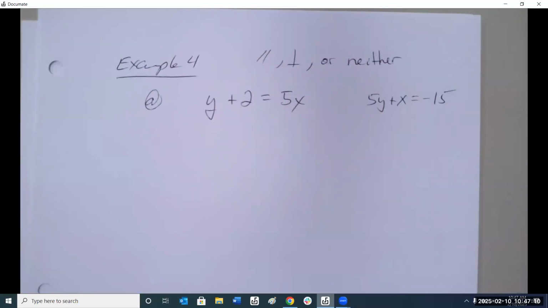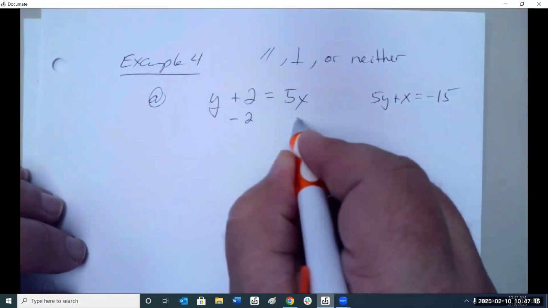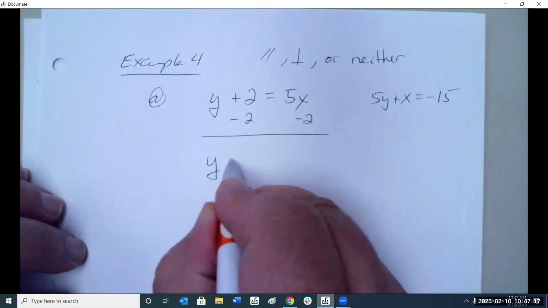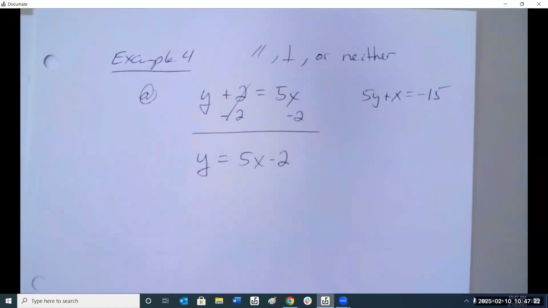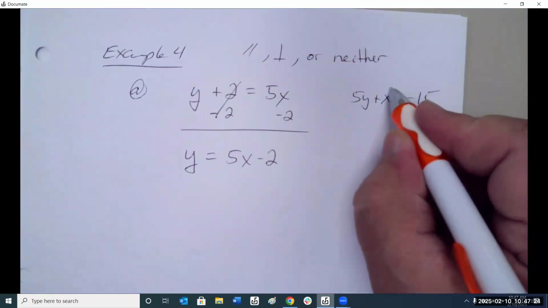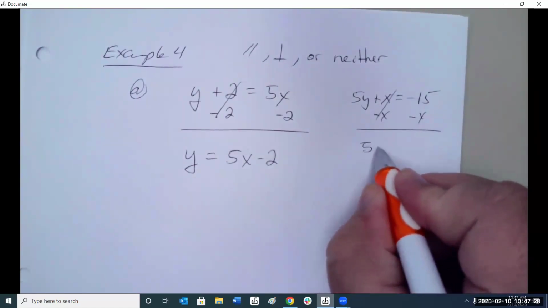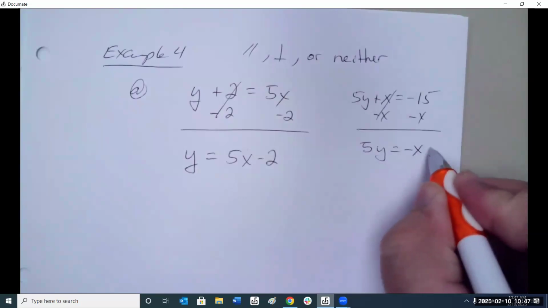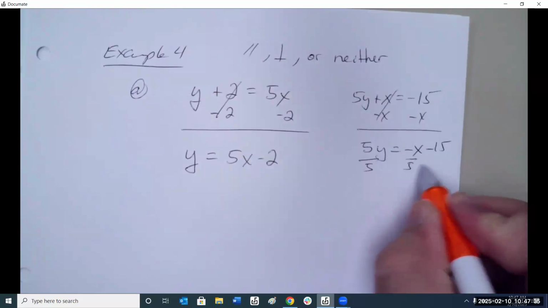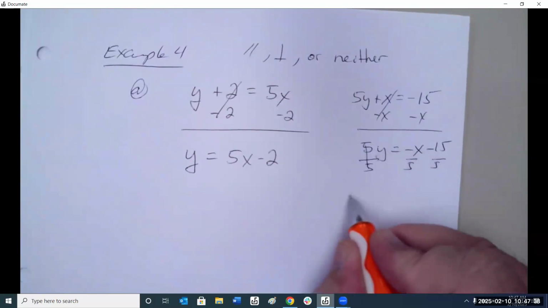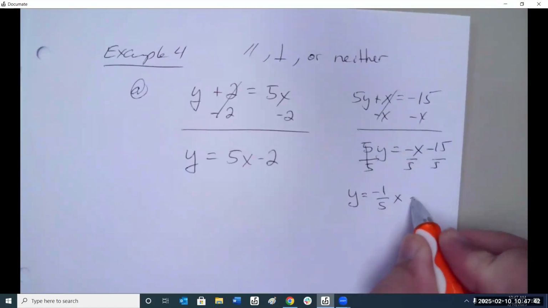Slope-intercept, you have to solve for y. So this one, I have to subtract 2, so y equals 5x minus 2. This one, I have to subtract x, and then divide by 5. So it's y equals -1/5 x minus 3.